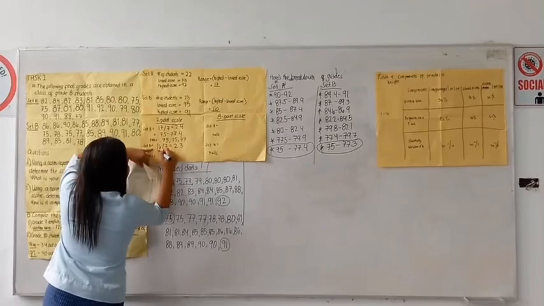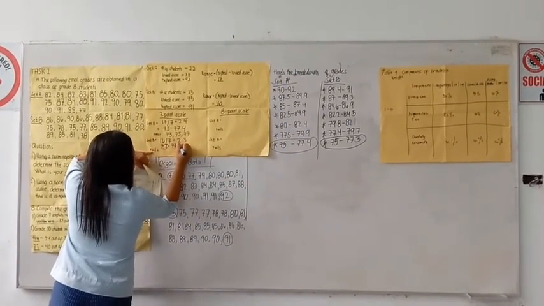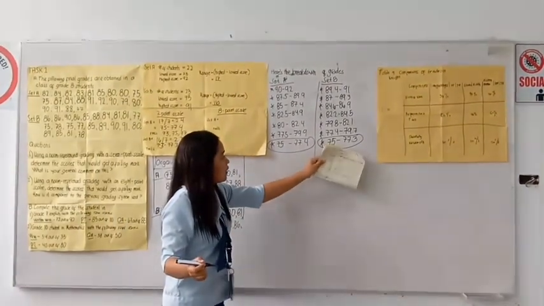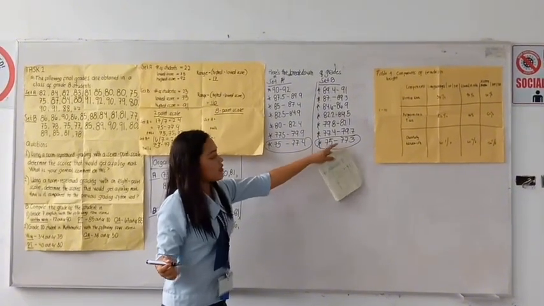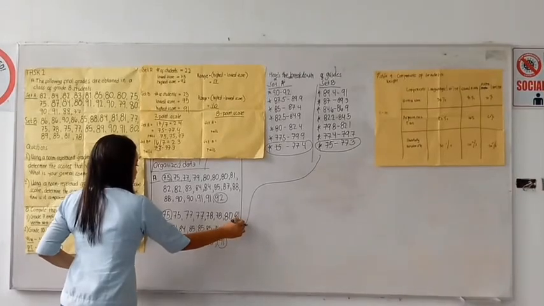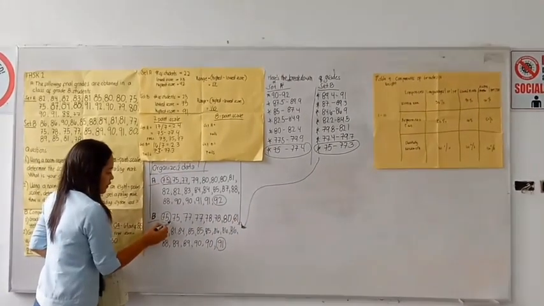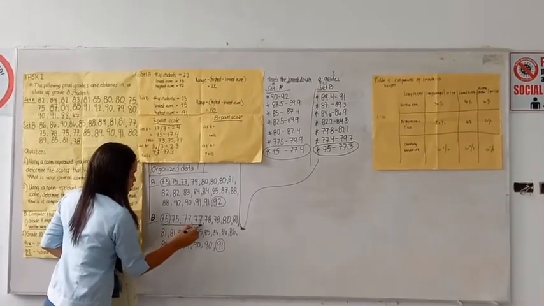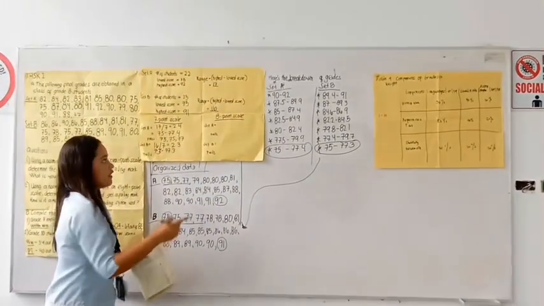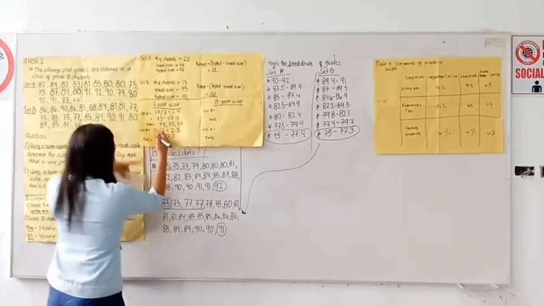In this data, 75 to 77.3 goes until 77. So basically, we have 4 students failed in set B using the 7-point scale.